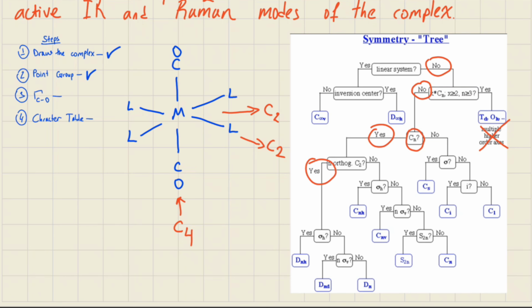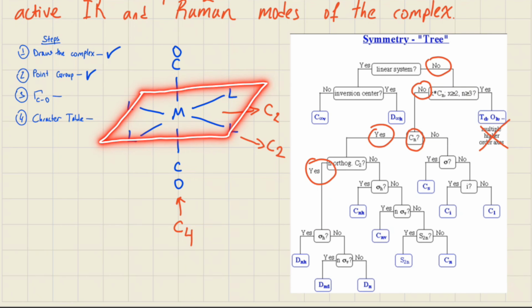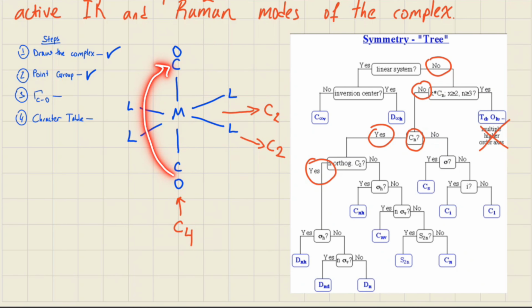And do we have a sigma h plane? The answer is again yes. Why? If you apply a sigma h, so this is one of the sigma h, which is perpendicular to C4, this CO will go here, this CO will go here, ligands will stay in the same positions.